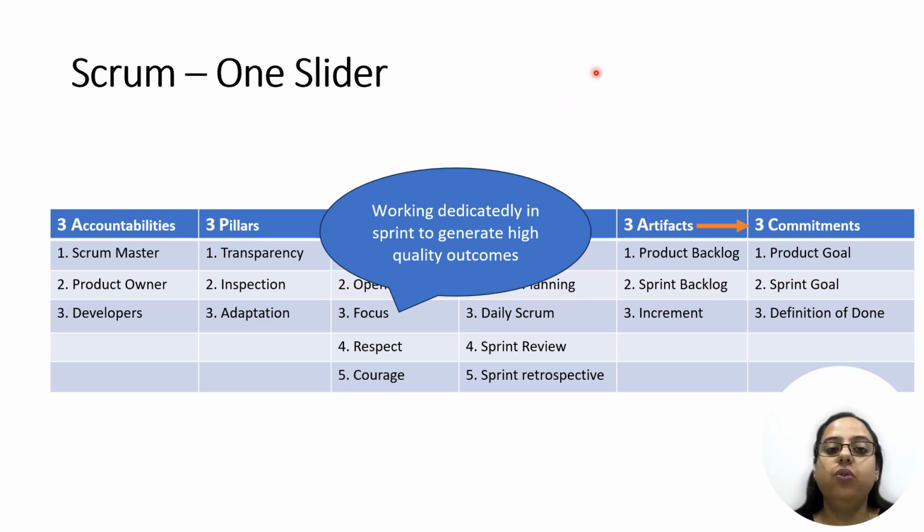An example of focus could be that, instead of having a member assigned to multiple projects, you try as much as possible that members are 100% assigned to a single project. They are working dedicatedly there, so that the context switching is minimized, right? Because otherwise it becomes very difficult for them to focus on the work. So that is one example of focus.